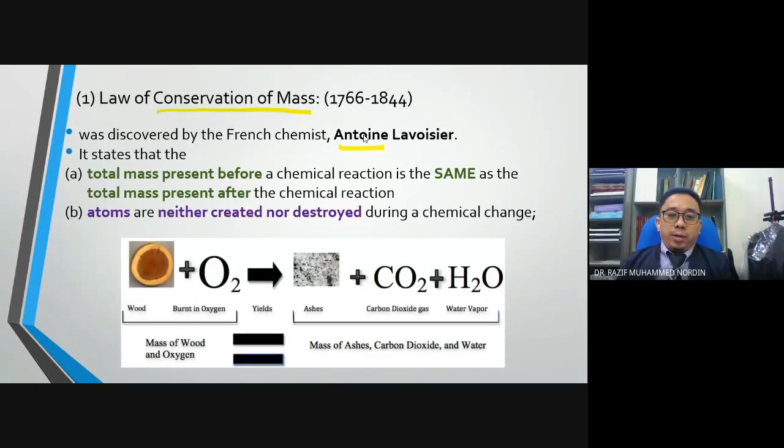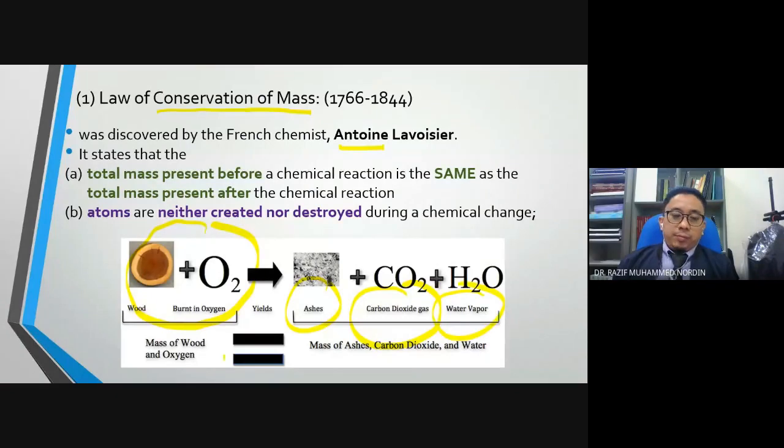So, atoms are neither created nor destroyed during chemical reactions. So wood, for example, if you want to burn it, you need oxygen, and then it transforms into ash, carbon dioxide, and water.